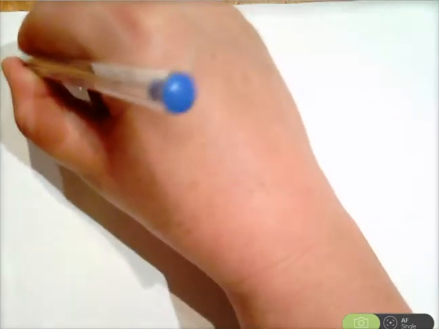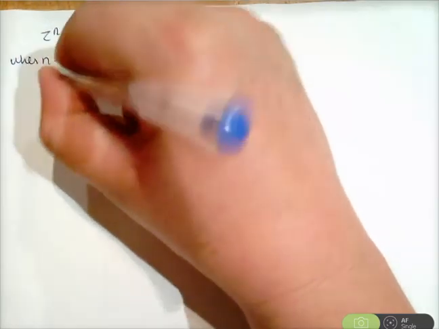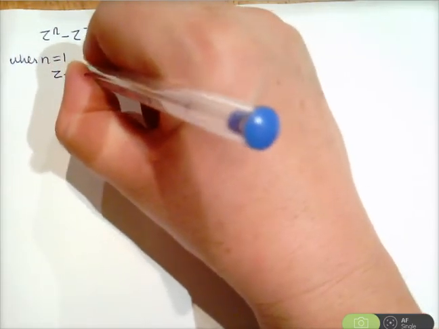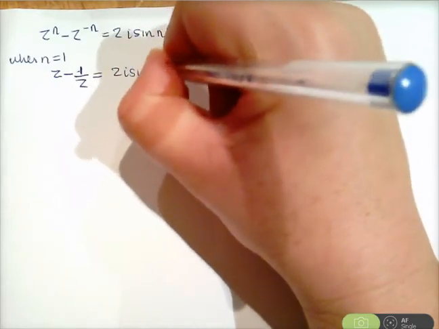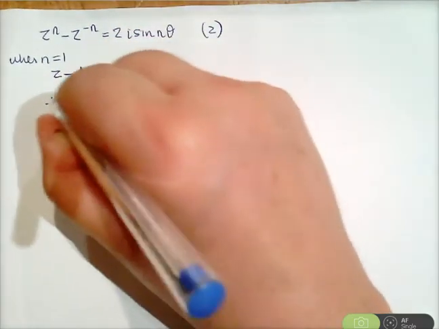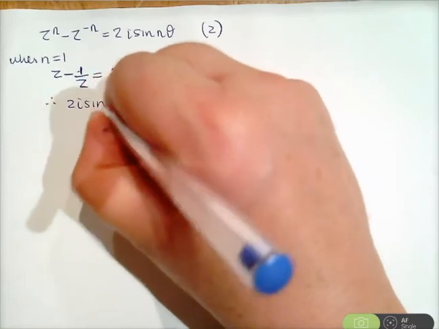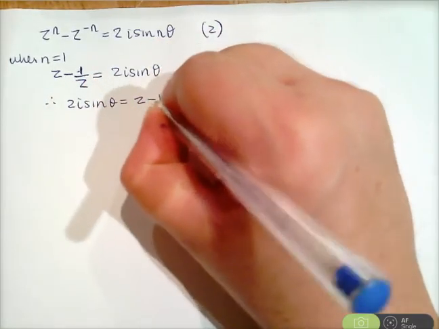Now when n is 1, we get z minus 1 over z is equal to 2i sine theta. So therefore, again, we've got 2i sine theta equals z minus 1 on z.